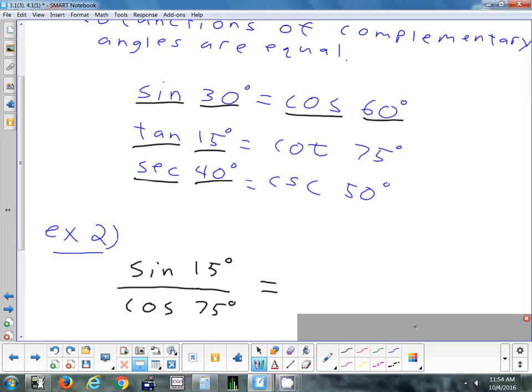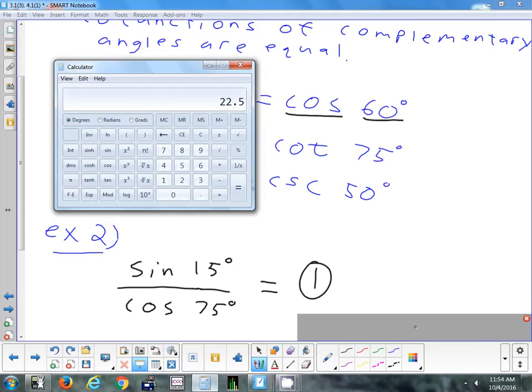Can you explain that? Why do you get 1? Because they're the same, they have the same value if you calculate it out. Right. The sine of 15 is exactly the same as the cosine of 75. These two things are equal. I have no idea what the sine of 15 is. It's some weird number. And I don't know what the cosine of 75 is.